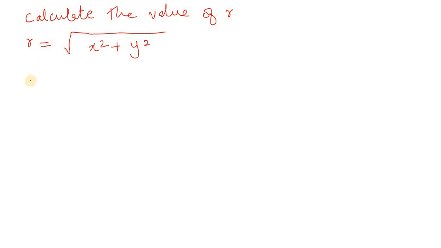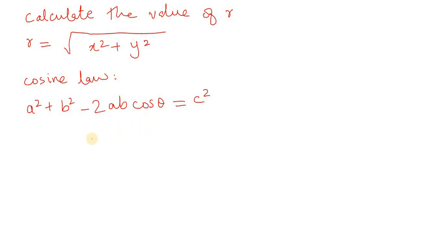The cosine law says that a square plus b square minus 2ab cos theta is equal to c square.